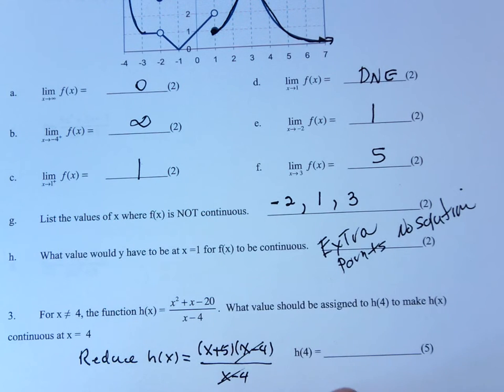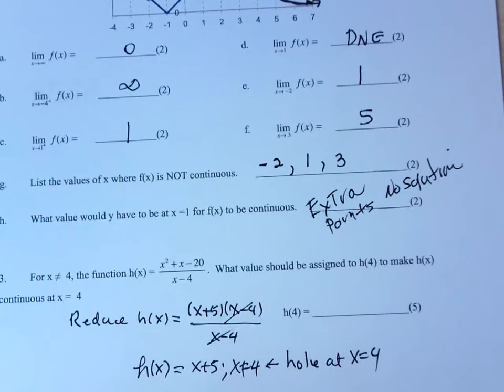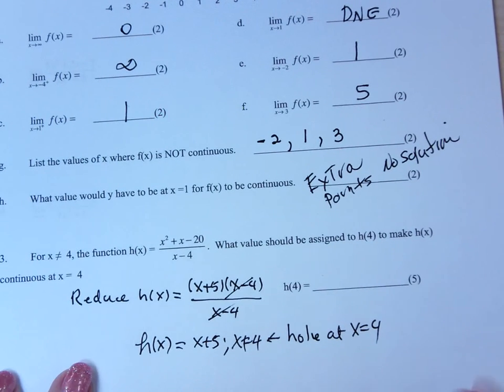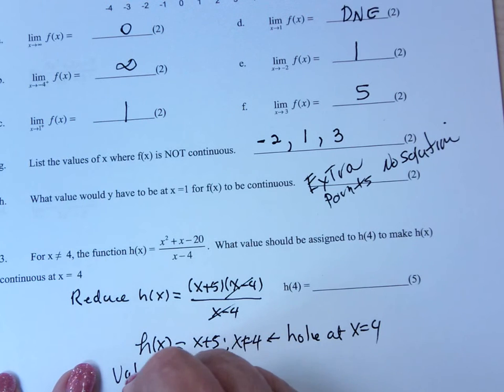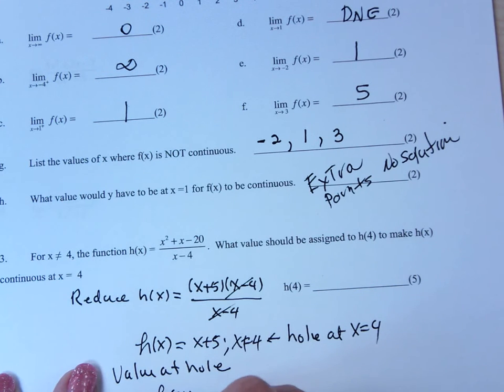X can't be 4. Now remember what this yields. This is a hole. So it's a hole at x equal 4. So what is the value at that hole? Well, that's h of 4, which is 4 plus 5, or 9.